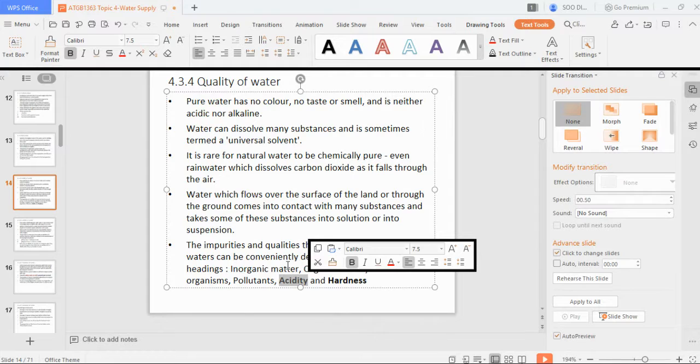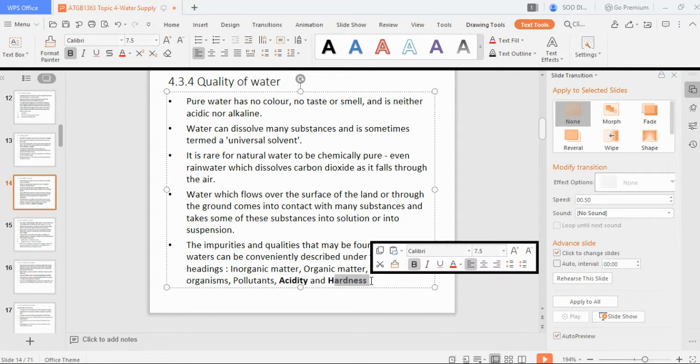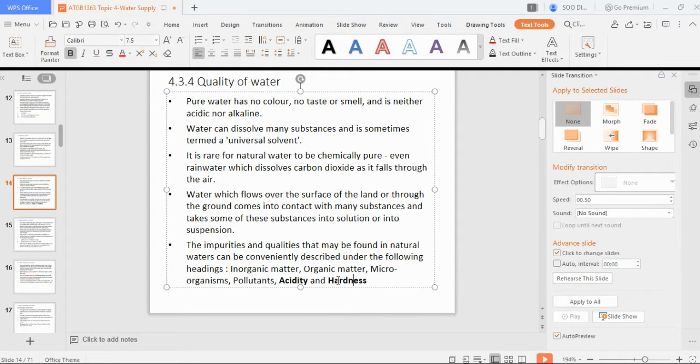Acidity. Acidity is the pH value. At a pure state, water is neutral at 7. But if there are other chemicals in it, something like a lemon, then it will go acidic or alkaline. And finally, we have hardness of water, which is very important to us.